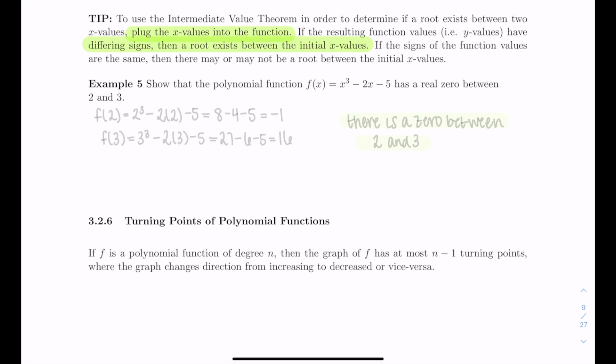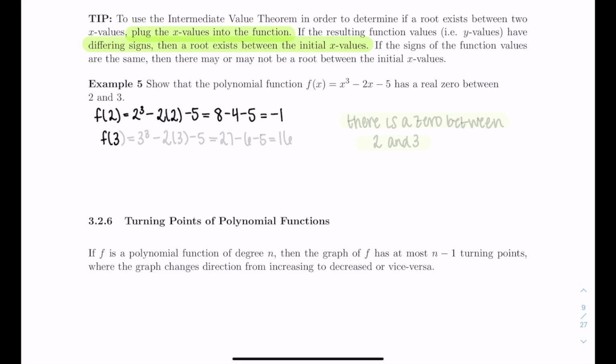So plugging in f(2), we've got 2^3 - 2 times 2 - 5. Well, 2^3 is 8, and 2 times 2 is 4. And so 8 - 4 - 5 is going to give me -1.